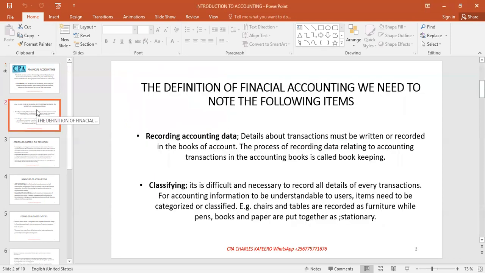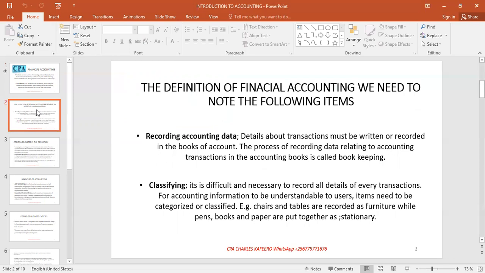Okay, the second thing, allow me to go a bit and clarify some of these items as we spoke about them when we were defining financial accounting. One of the things we said, financial accounting includes recording accounting data.